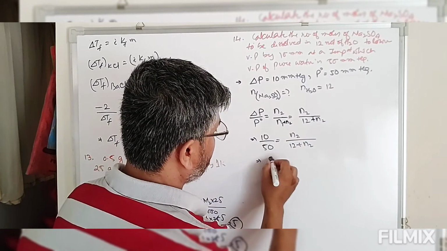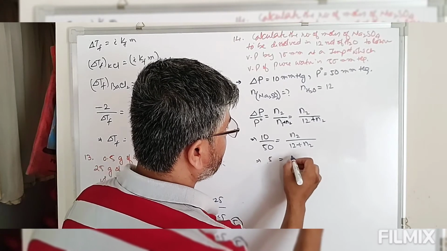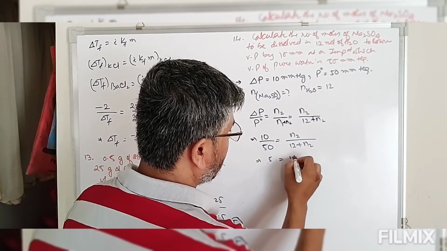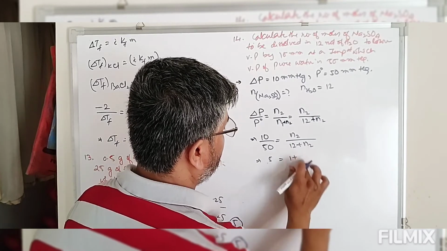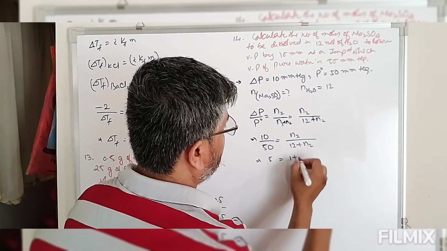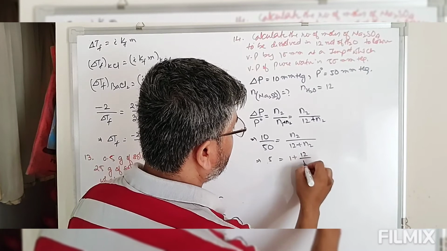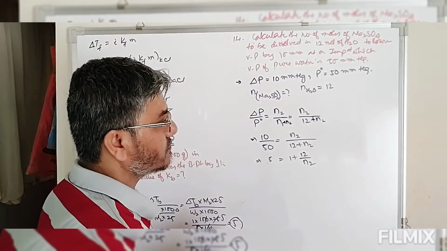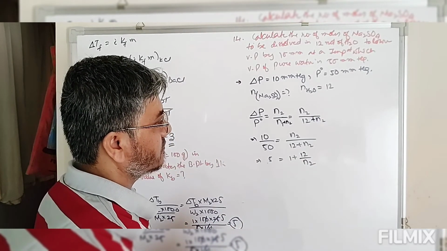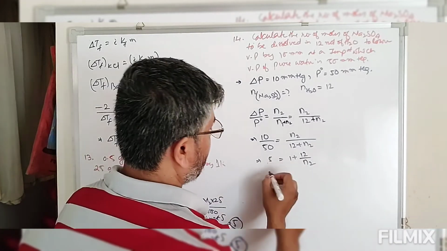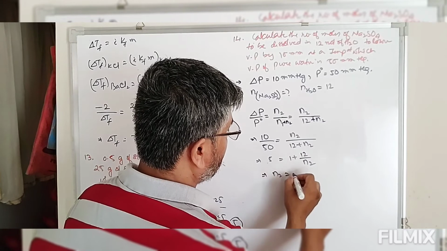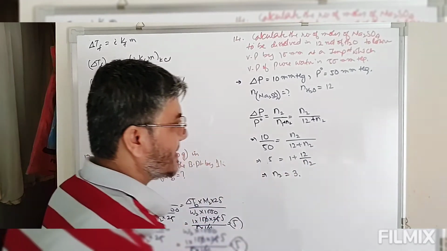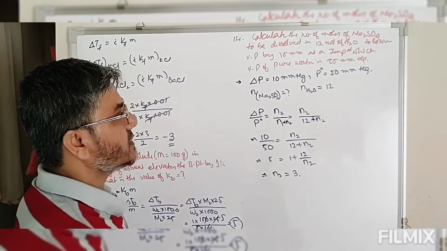So this equals 5 is equal to 1 plus 12 by N2. So therefore N2 is equal to 3.